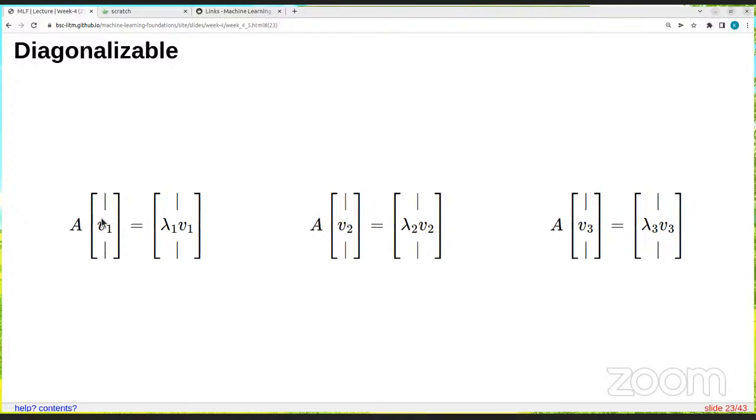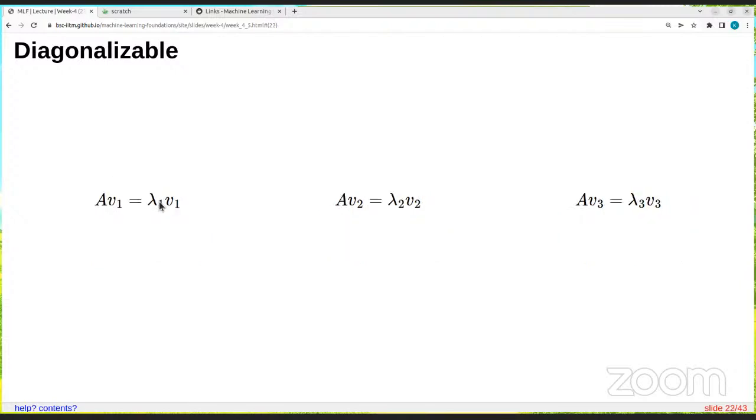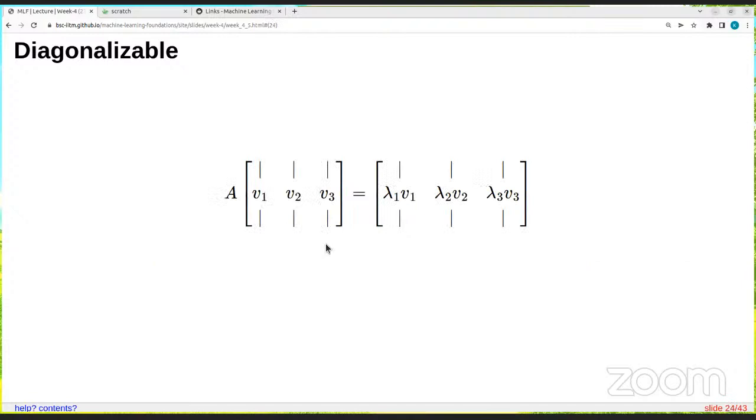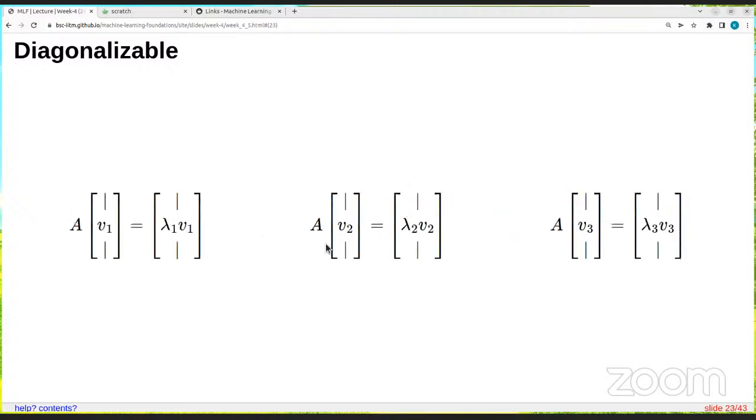V1 is a column vector, so I'm just expanding it like this: lambda 1 v1. You will see why I'm doing this. That helps me write it in the form of a single equation. Did you all see the jump from the previous slide to the current slide?